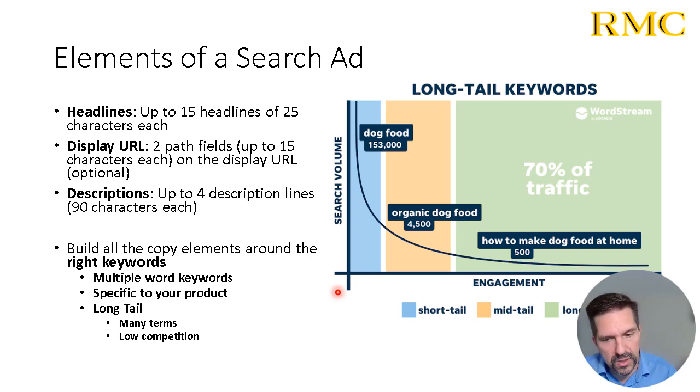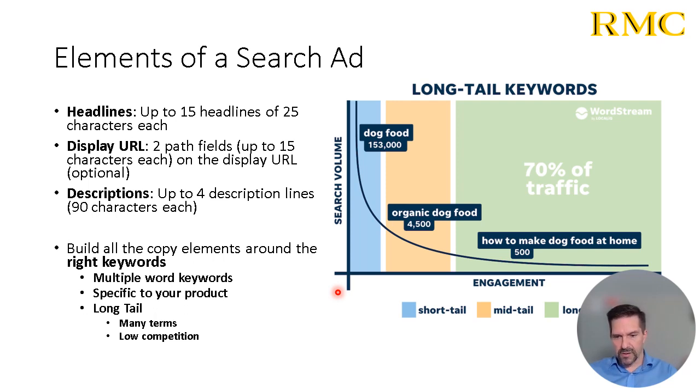Now, let me remind you of something we already discussed a little bit when we discussed SEO. There are different types of keywords. So when I say keywords, don't think about individual words. A series of words is considered a query, and most people call it a keyword in this industry, right?